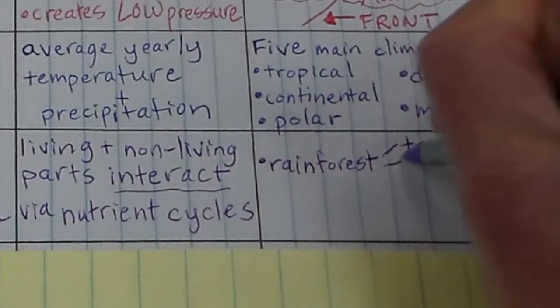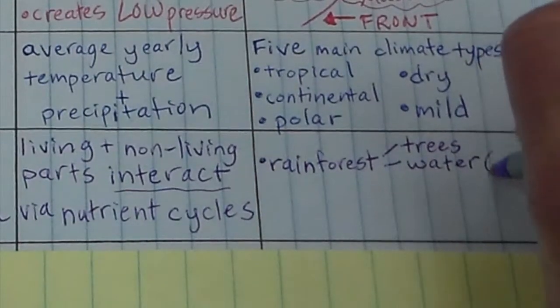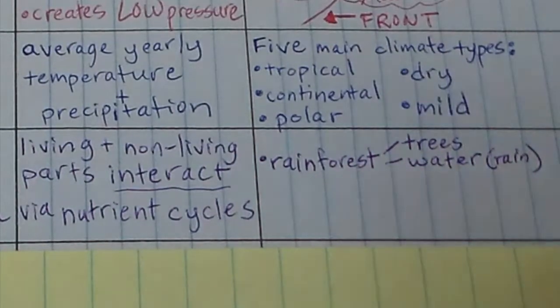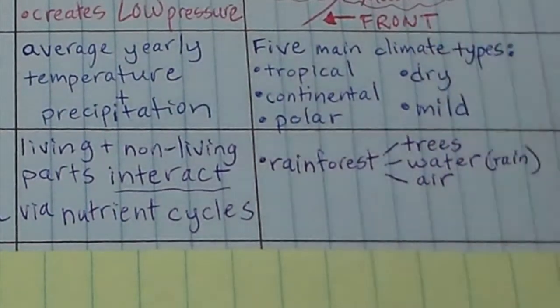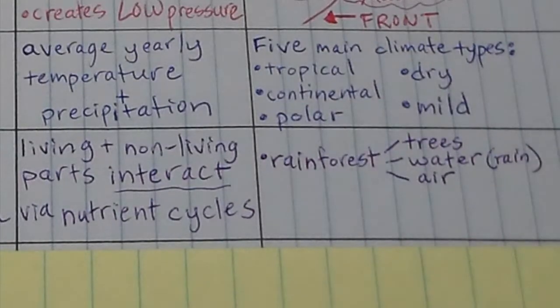A rainforest obviously suggests there's a lot of water in the form of rain. We also know there's going to be an interaction going on with the air. Rainforests tend to be places with warm air. And I've run out of room, but we also know there's lots of animals who live in that rainforest too.